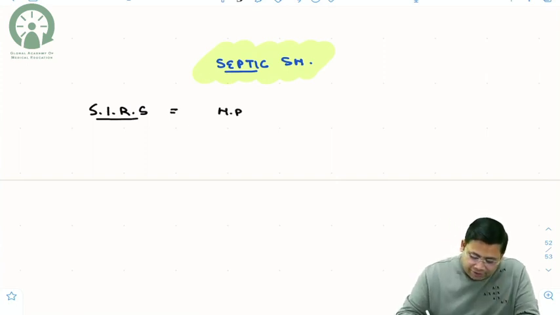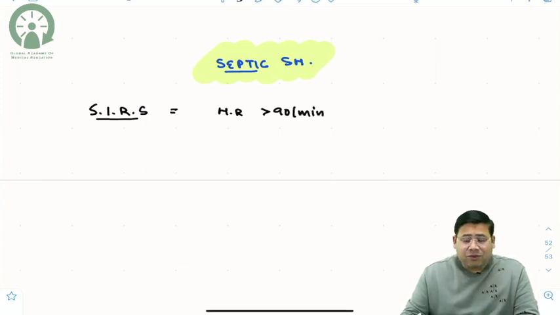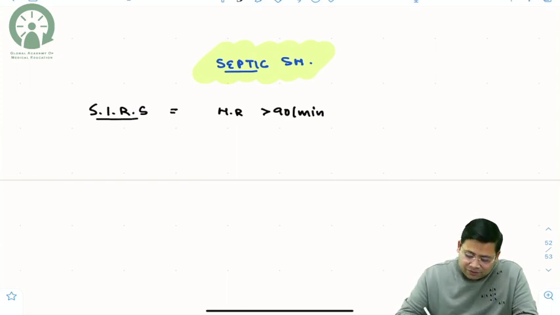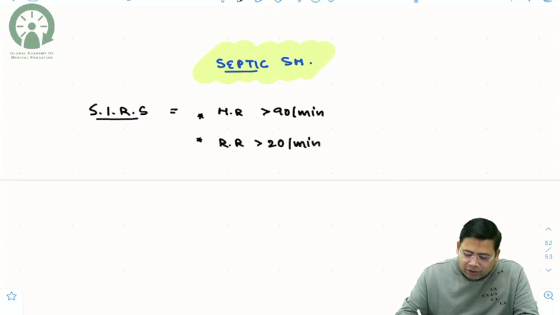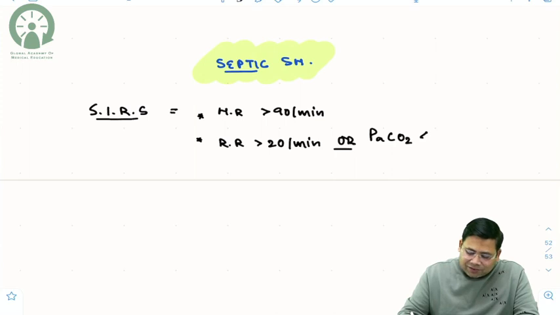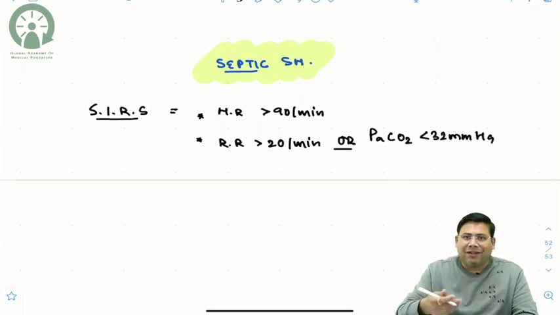Heart rate more than 90 per minute. Remember, this year in INICET they asked whether systolic BP less than 90 is a criterion. No, systolic BP is not a part of this. So heart rate, then respiratory rate more than 20 per minute, or PaCO2 less than 32 mmHg because of the hyperventilation.